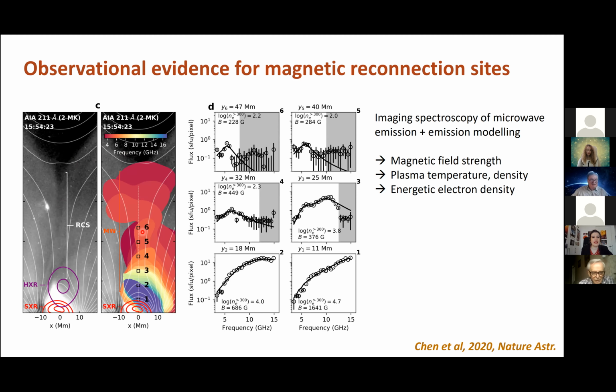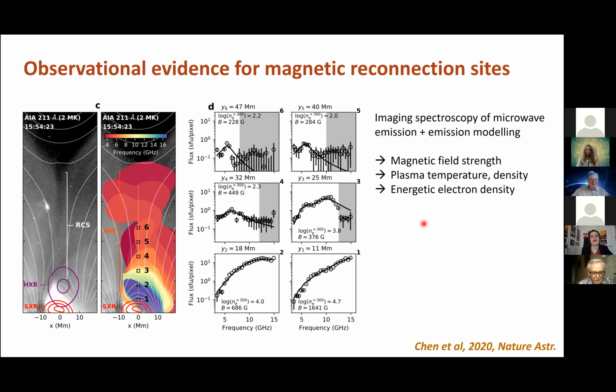And this is the associated gyrosynchrotron emission. All of these points here correspond to different spectra that are shown here. So this study from Shen et al. is really demonstrating the capability of radio instruments such as EOVSA to do spectral imaging spectroscopy and provide the spectra at different points in the corona.